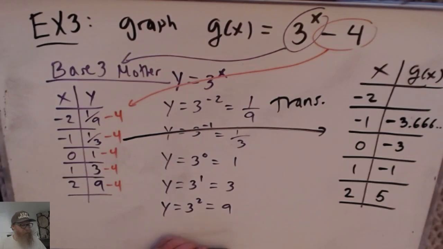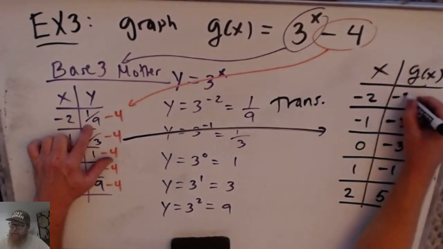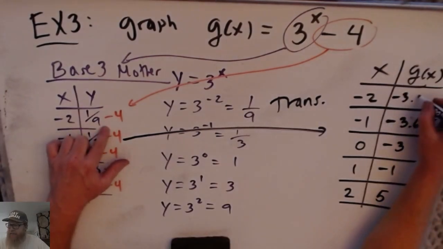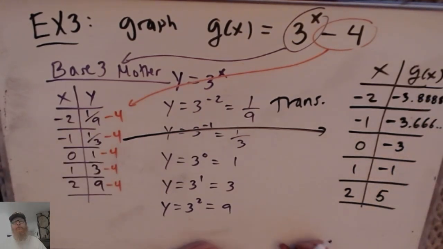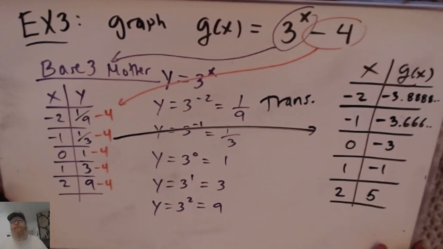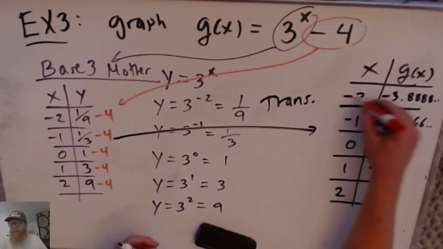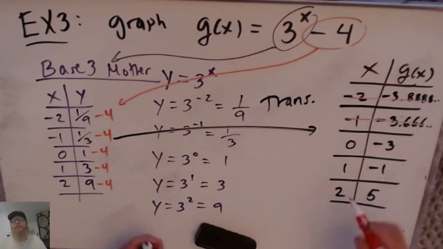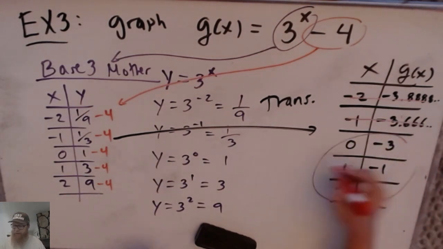Probably won't graph that one. And then this one would be negative 3 8/9. Again, when you go to graph it, typically don't graph these ones. So we'll graph the nice ones.